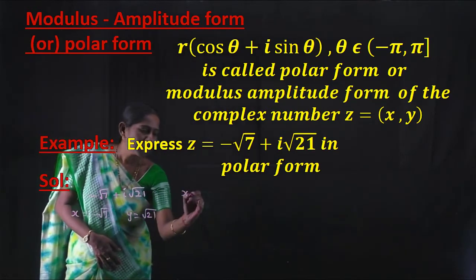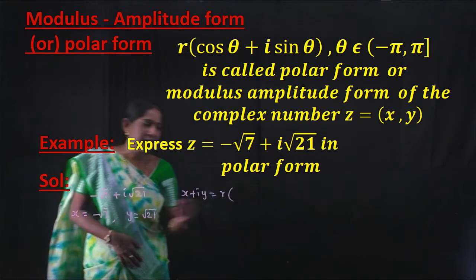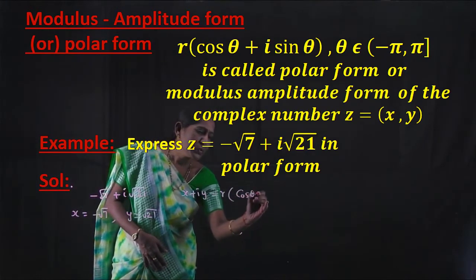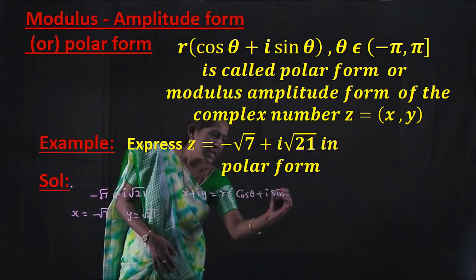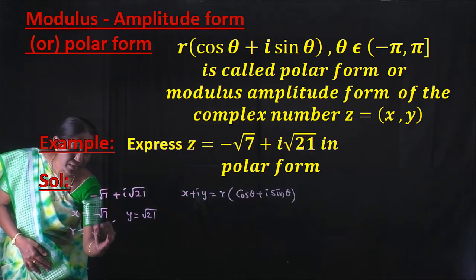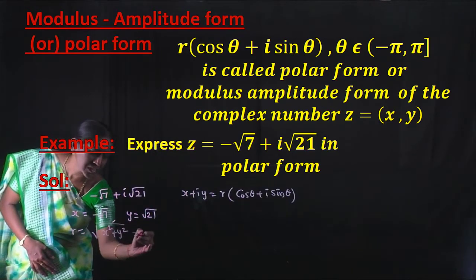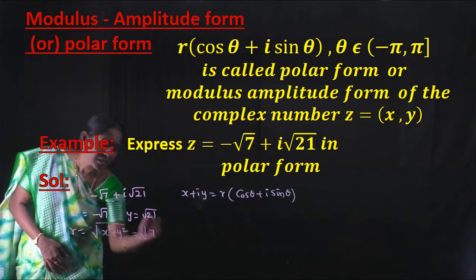So in polar form or modulus amplitude form, x plus iy is equal to r into (cos theta plus i sin theta).